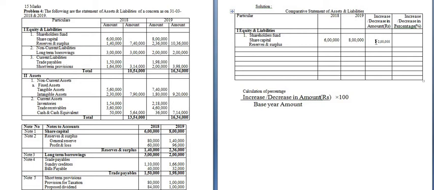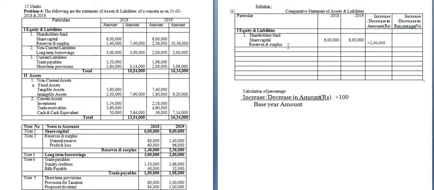Okay, next one is we have to find out what? Percentage. What is the formula of percentage? Increase or decrease in amount divided by base year amount. Okay, now here increase in amount how much? 2 lakh.